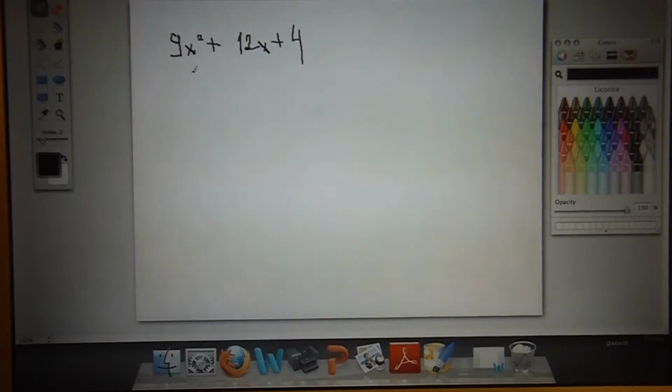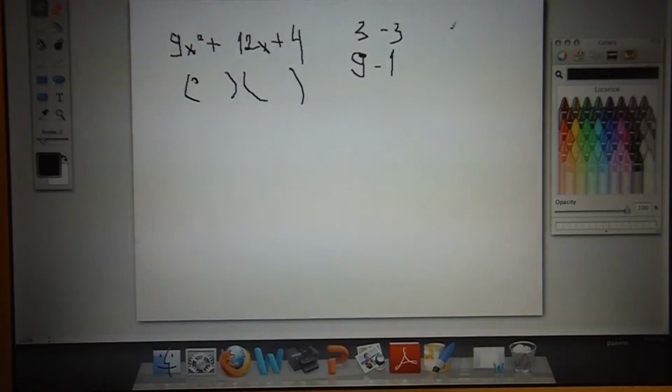So the question right here is when do multiples of 9 and multiples of 4, when they're added, equal 12? So what are the multiples of 9? 3 and 3, and 9 and 1.